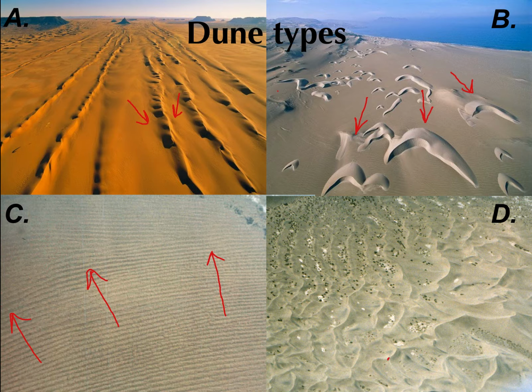You can see that the crests sort of meet in complicated ways. But even this star dune off to the north here, which is up, starts to transform into transverse dunes, because the wind direction here is pretty uniformly like that.